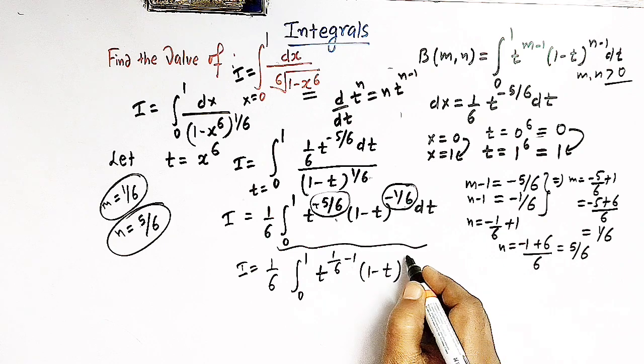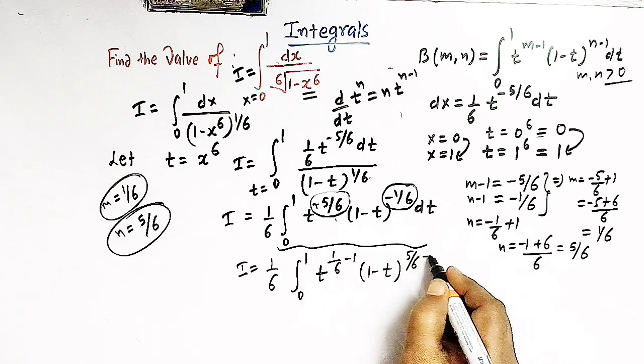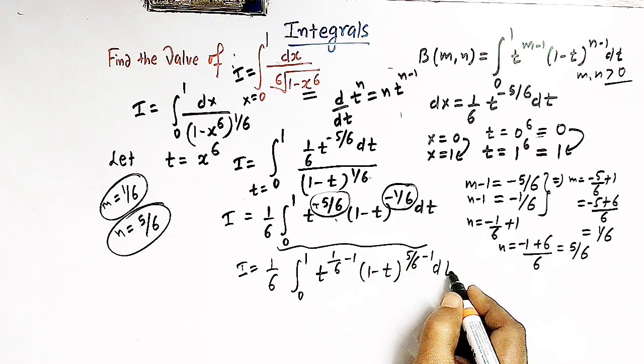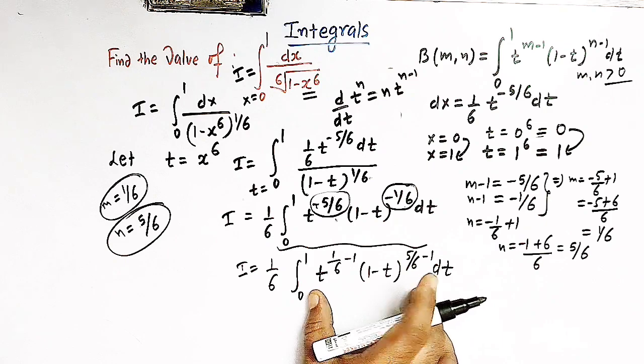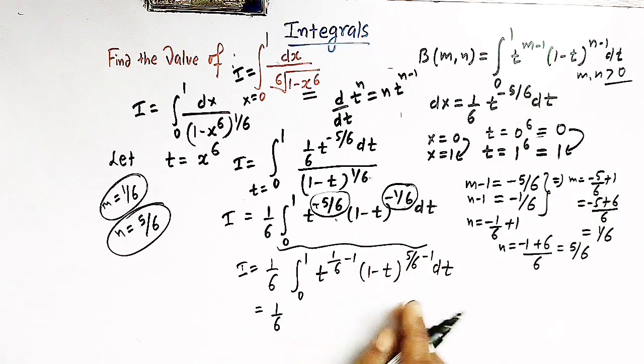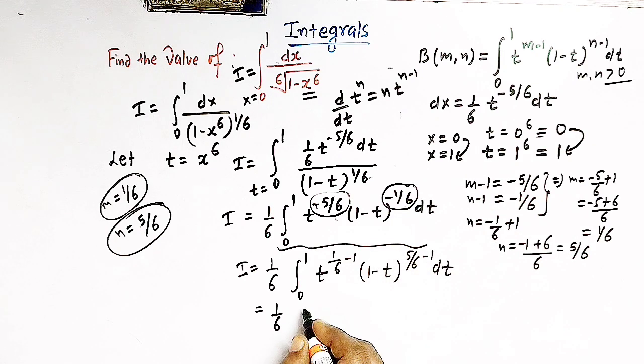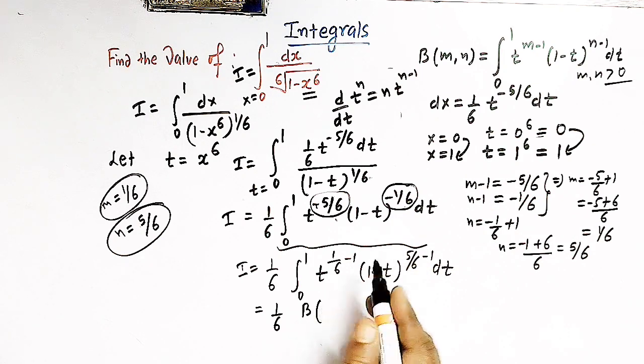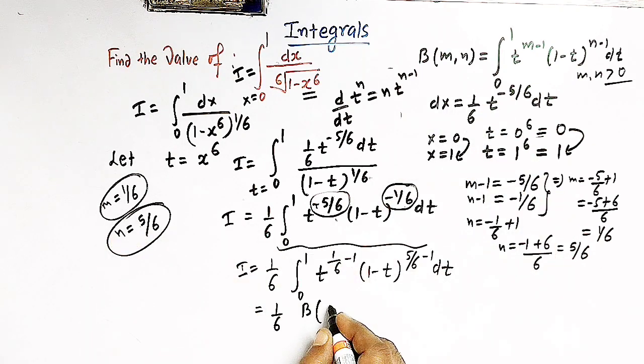So we have n 5 over 6, and this is minus 1 and dt. So now this integral is exactly similar to this one. So we can now replace this integral by the beta function. So we have beta m comma n. M is 1 over 6 and n is 5 over 6.